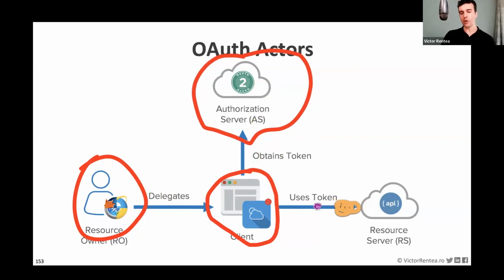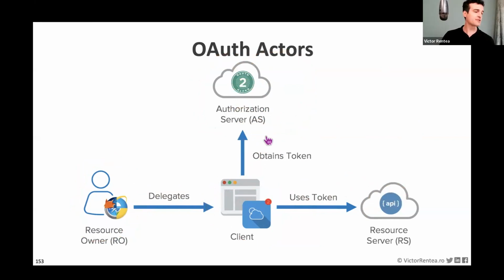And with that token, the client can open any door, can call other services around, can access Twitter if you authorize with Twitter, can log you into some obscure application using your Google credential. You're using your token obtained from the authorization server.